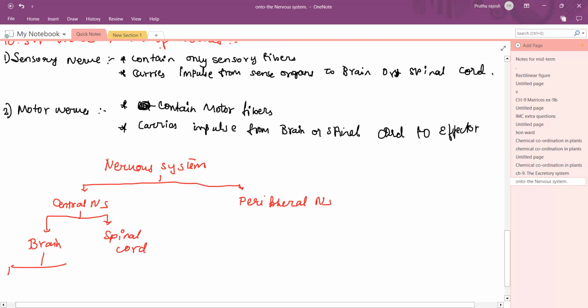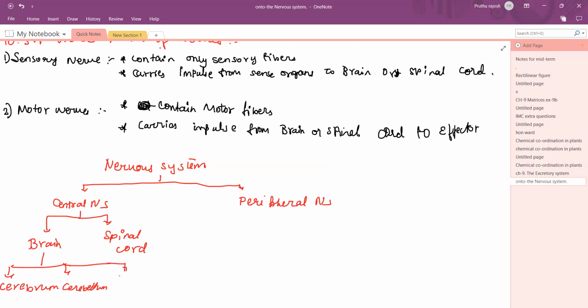Again, brain is divided into three parts. Now peripheral nervous system is again divided into two parts: somatic nervous system and autonomic nervous system.